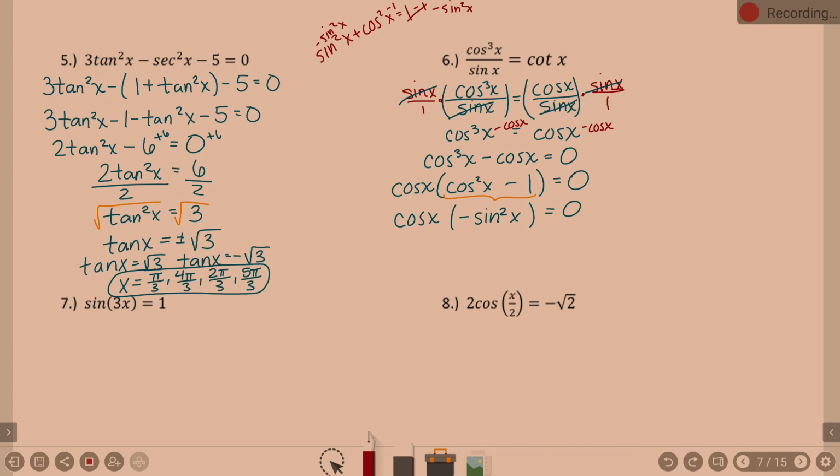So those cancel, you have your cosine squared x minus 1 equals negative sine squared x, okay? Don't be afraid to write that out if you need to. And you may be looking at me saying, whatever, I don't need to write that out. Fine. Okay, so I now have cosine x times negative sine squared x equals 0.